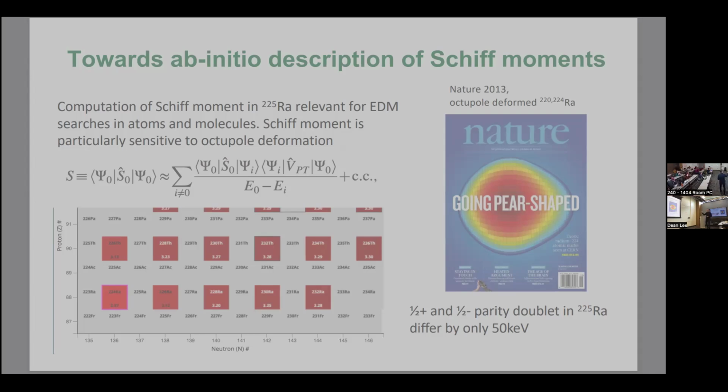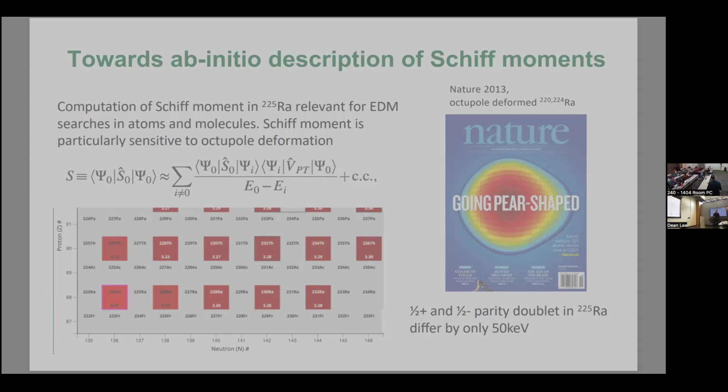In the particular case of radium-225, there is this parity doublet, 1/2 plus and 1/2 minus, that is only 50 keV apart. If you look at the Schiff moment, you see that the transition is really dominated by those two states. It has also been observed that these radium isotopes are octupole deformed, which enhances these Schiff moments quite a bit.